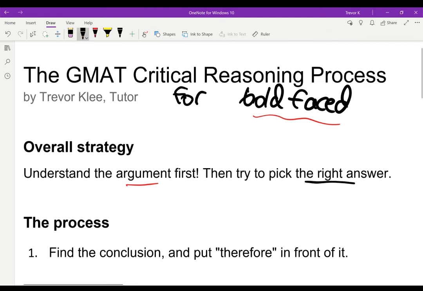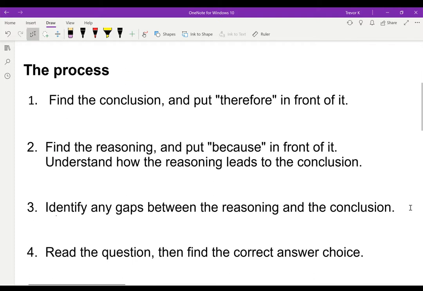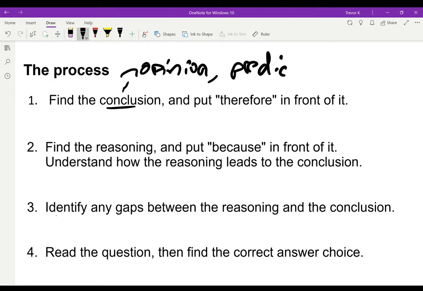So let's get really specific about how we understand the argument, because these bold-faced questions pretty much are just understanding the argument. That's like 99% of them. So the process is I always find the conclusion, which is going to be an opinion or prediction or plan, and I put therefore in front of it.